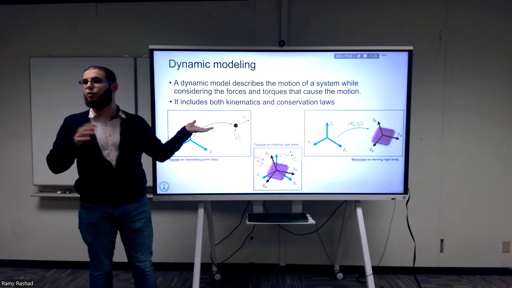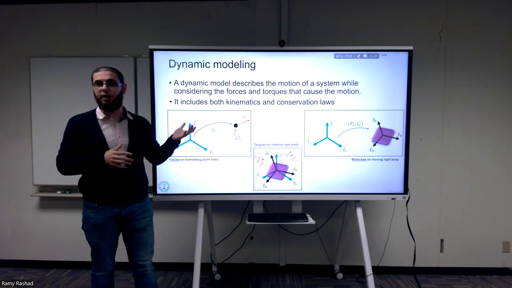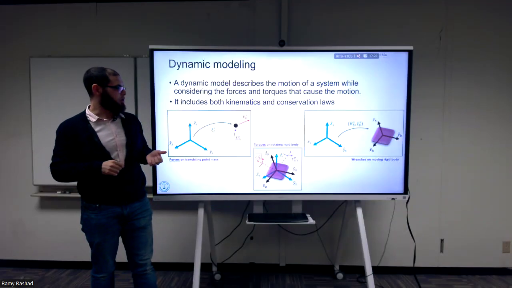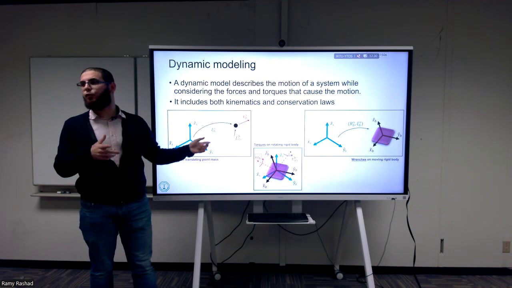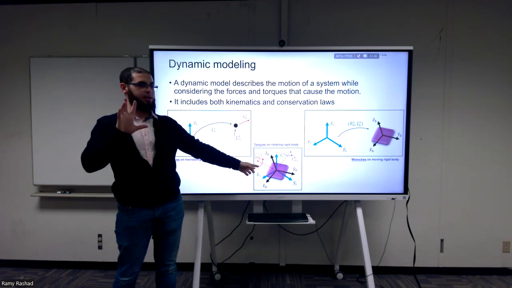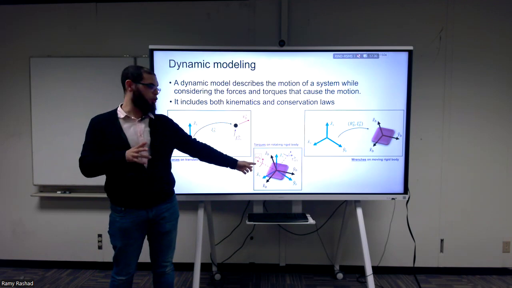But what are the inputs and the outputs to these kind of systems, these elementary building blocks of robotics? When we have just a point mass, then we talk about forces. When we have a rigid body that's rotating in its place, not translating, we talk about torques.